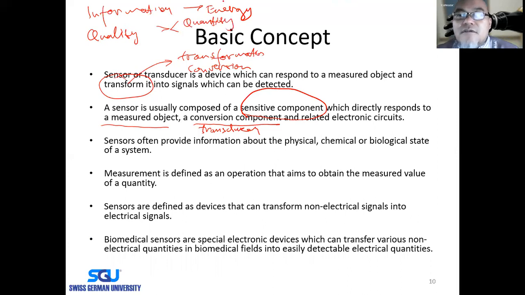What is the meaning here? For example, in the case of a lamp, lighting equipment, it converts electrical signal into radiation energy, into light. What we care about is how much light can be produced by the lamp, with as little electrical power as possible. So what we are concerned with is quantity in the case of a lamp.